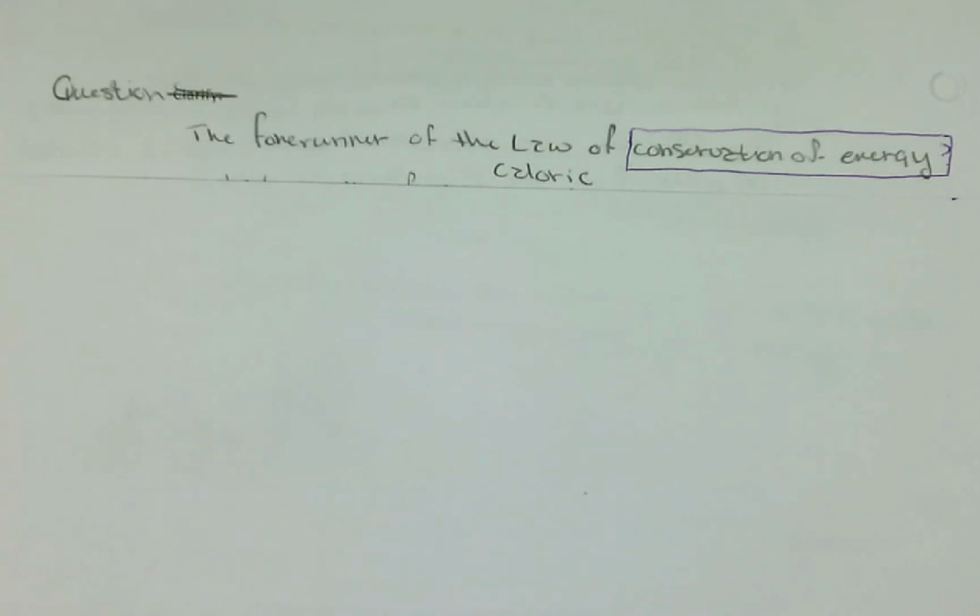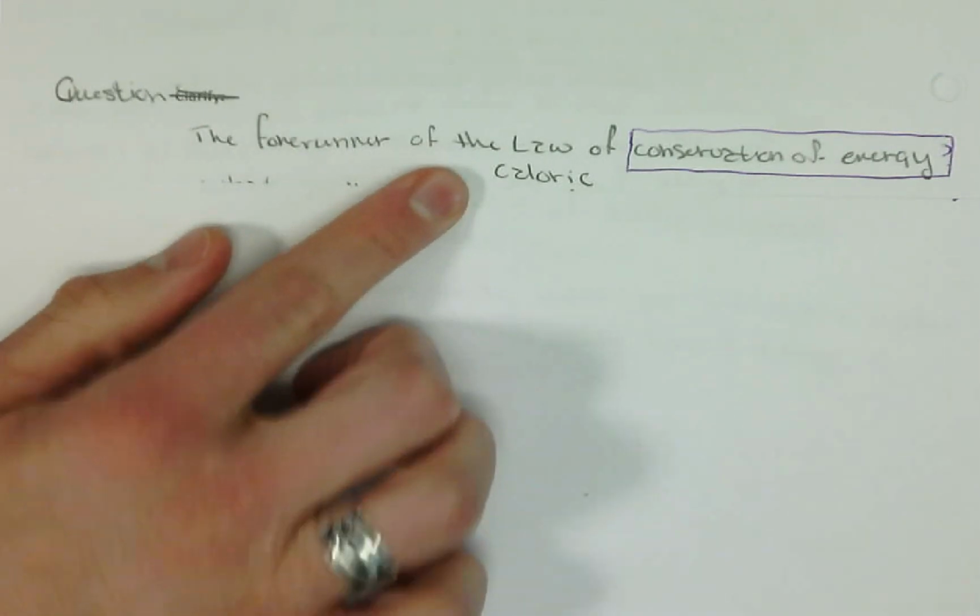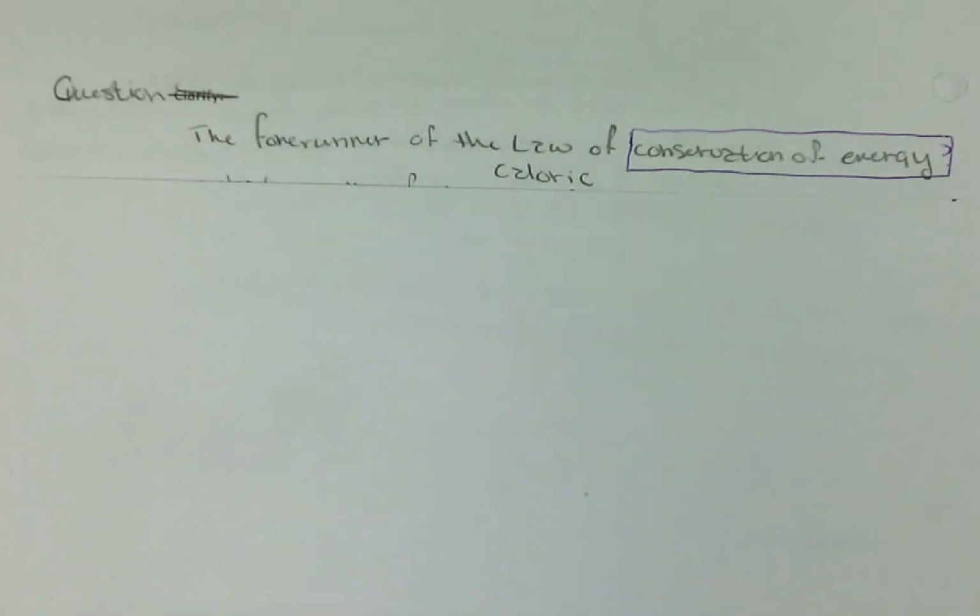The original idea was something called caloric. It does not exist, but that's where the idea of energy came from. We realized this thing doesn't exist, so there has to be some transfer of something, and that something is energy. It's not something you can hold, touch, or see, but it is something that changes from one place to another.